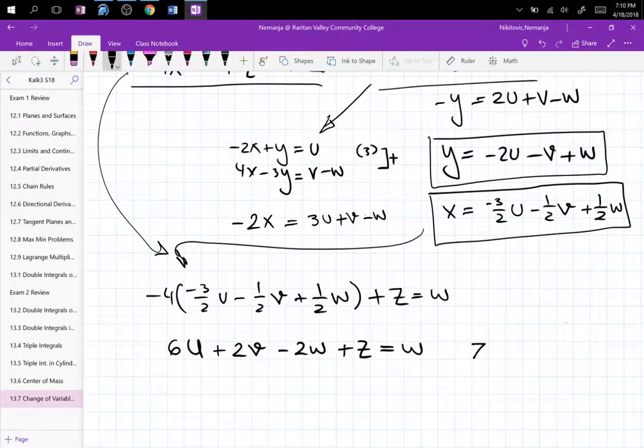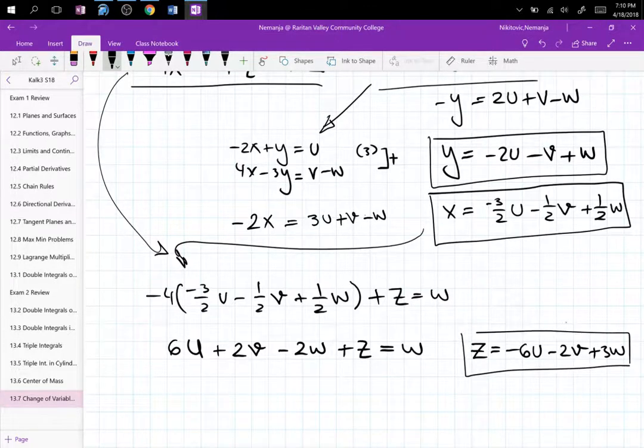So the z equation is negative 6u, negative 2v, and positive 3w. Nice.